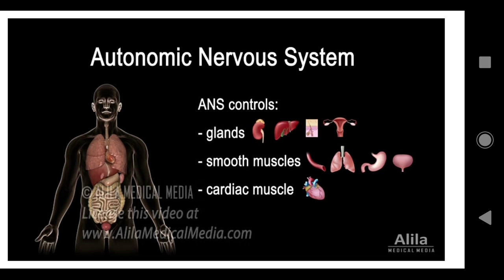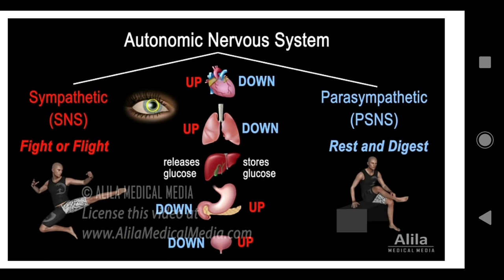The ANS controls what? Glands, smooth muscles and cardiac muscles, you know very well. Under the sympathetic system, as I just told, it is fight and flight, and the parasympathetic is rest and digest. So there is increasing of movements or contraction, and dilation of our eye pupils, up and down.